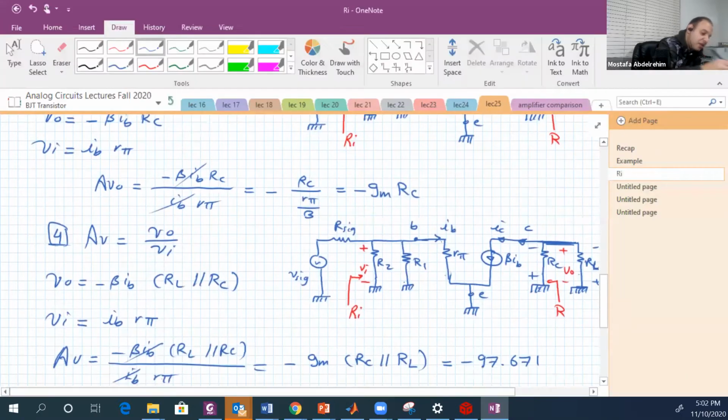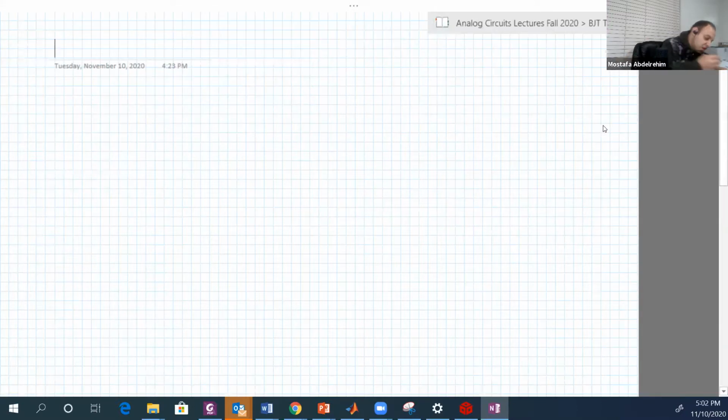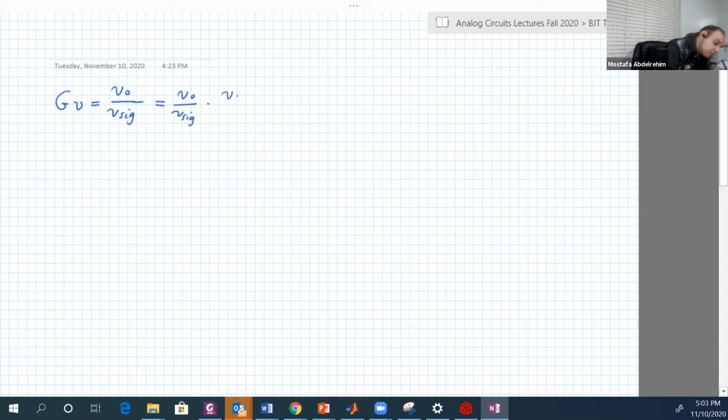The final requirement is the overall voltage gain, GV. It's equal to VO again over V signal. If you multiply and divide by V input, you can write it that way: VO over V input, multiplied by V input over V signal.